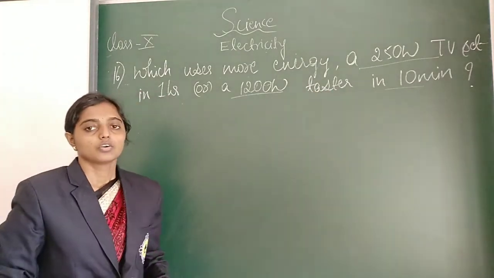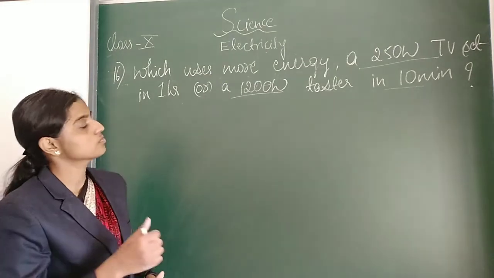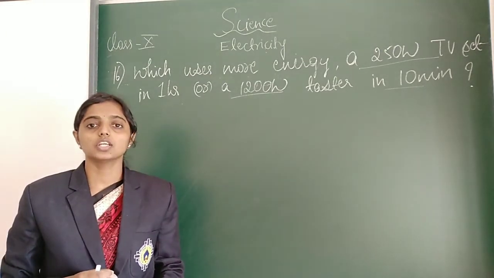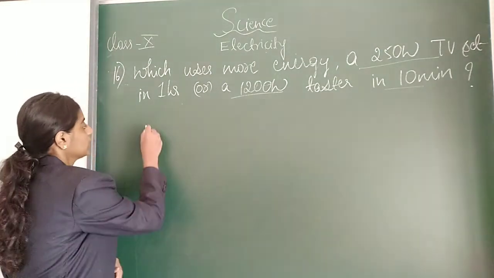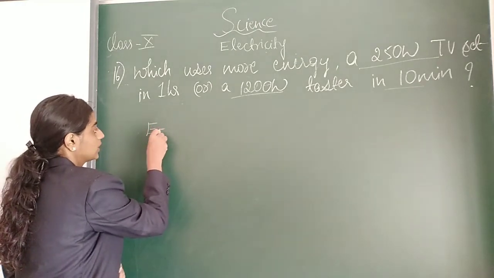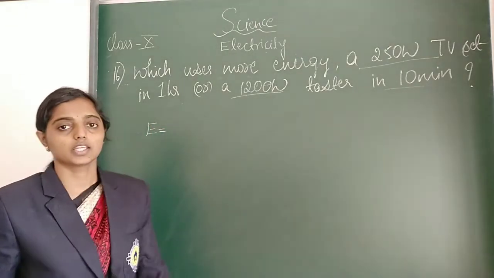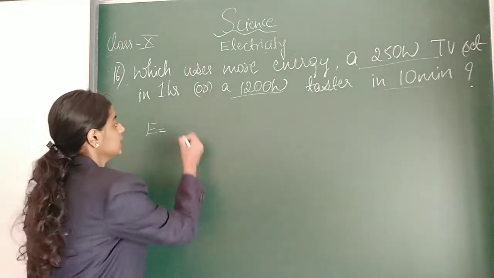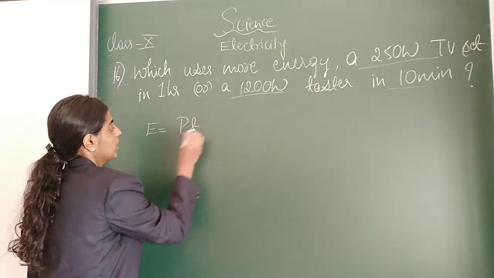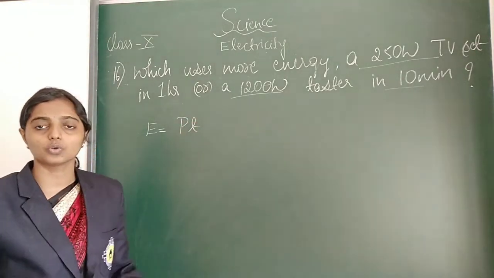Here we need to find out which consumes more energy, and energy is given by, we know that earlier we used the formula that energy used by any appliance can be given as E is equal to PT, or else we can write this as H is equal to PT also.